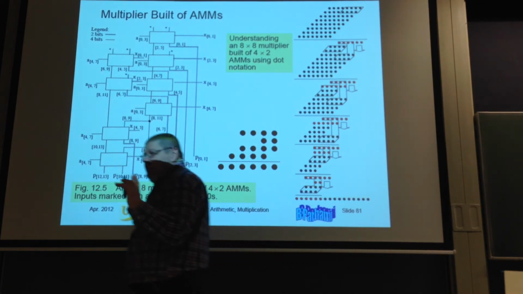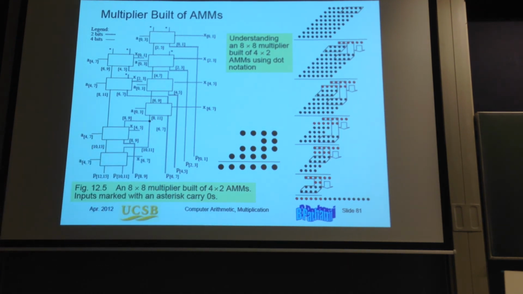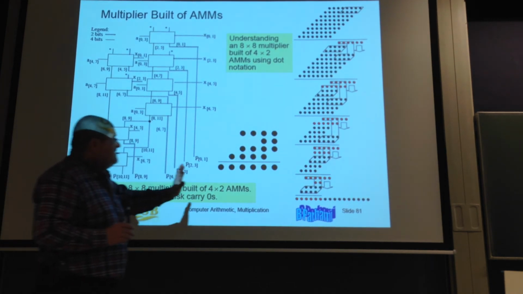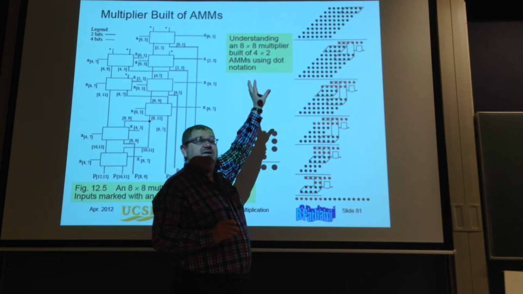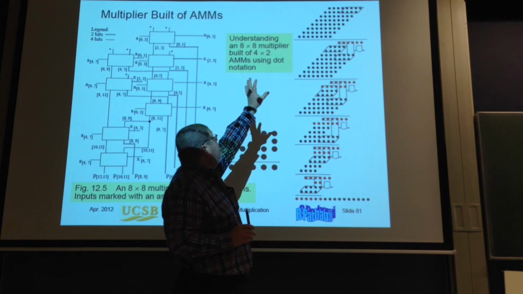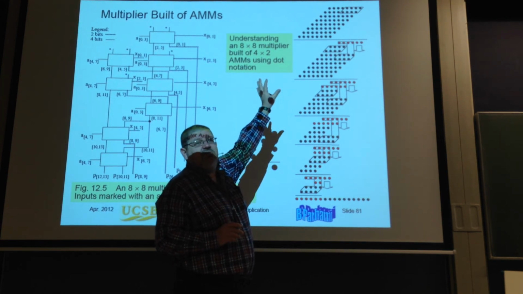And, you know, both sides of the slide are telling the same story, but it's told in different ways. If I look in this column, I see the partial product matrix for the 8 by 8-bit multiplication.